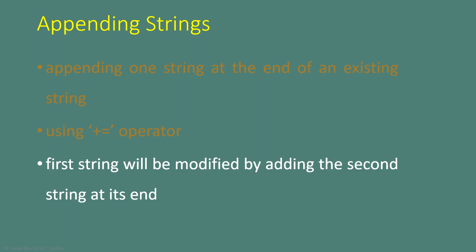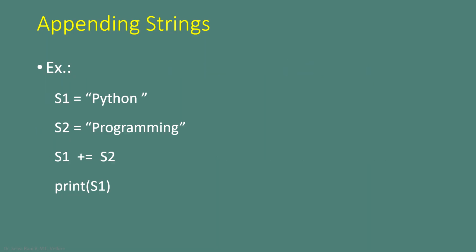The first string will be modified here by adding the second string at its end. For example, if we have S1 is equal to Python, S2 is equal to programming, and if we do the appending of S2 with S1 using the shorthand operator plus equal to, then S1 will be modified as Python programming.